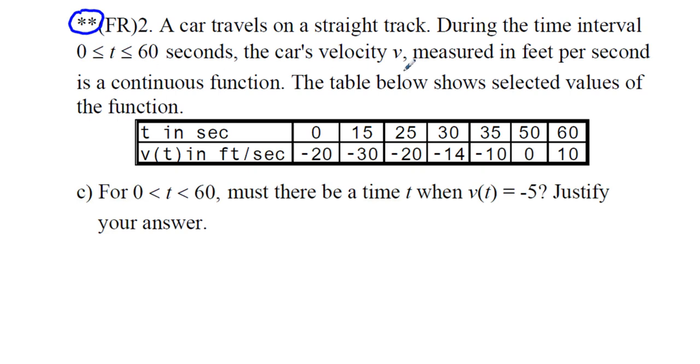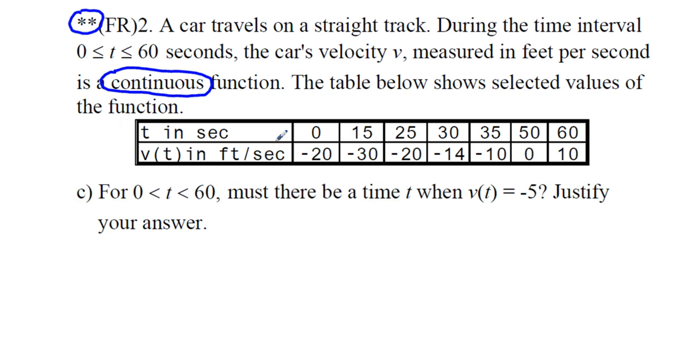The car's velocity, v, measured in feet per second, is a continuous function. So when you have a table, you can't just take the function like we did in problem 1 and conclude that the function is continuous. We have to be told that the function is continuous. The table below shows selected values of the function.